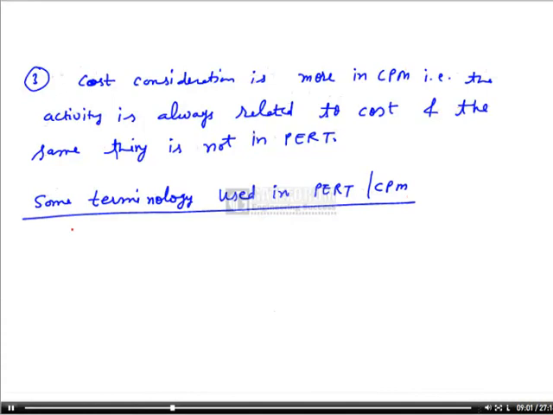So first is project. Basically, project is the combination of interrelated activities which should be sequentially performed in order to do a particular work. So all the work should be done in sequence to complete the project in a given time.